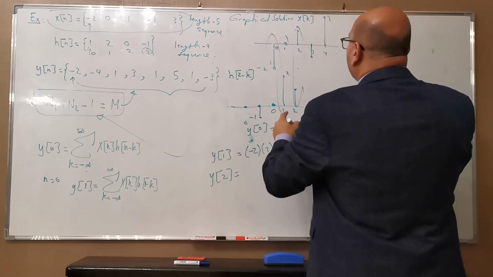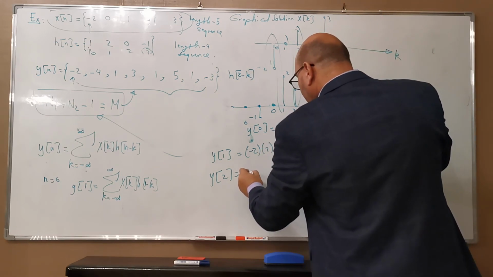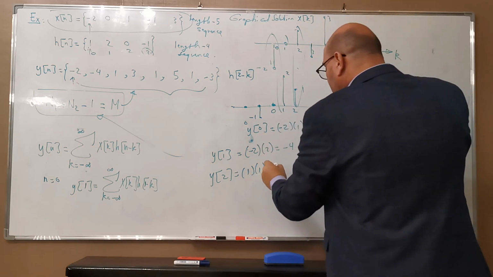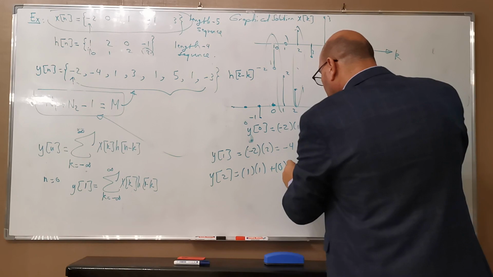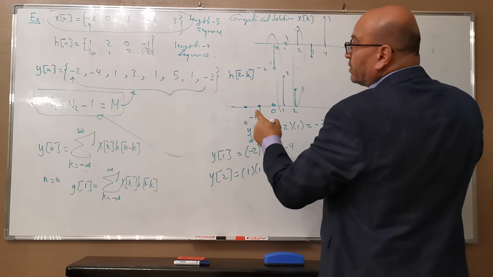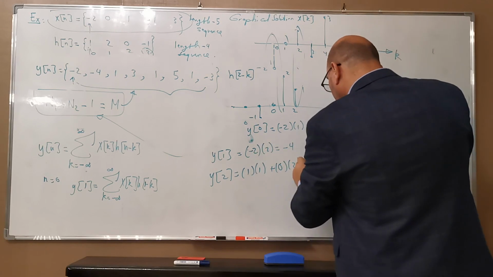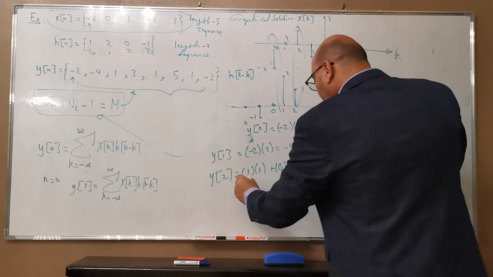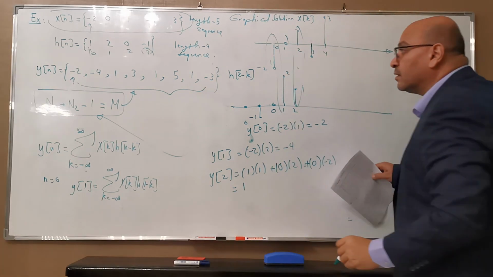So you will have 1 times 1 plus 0 times 2 plus 0 times -2, and you end up with 1.